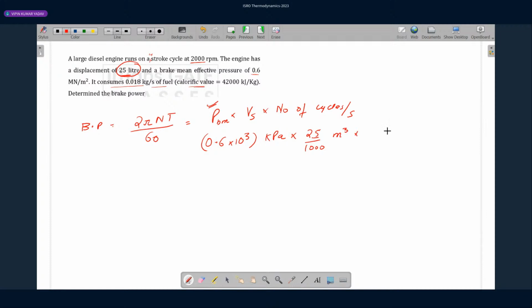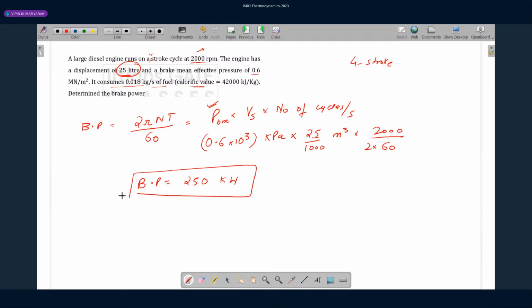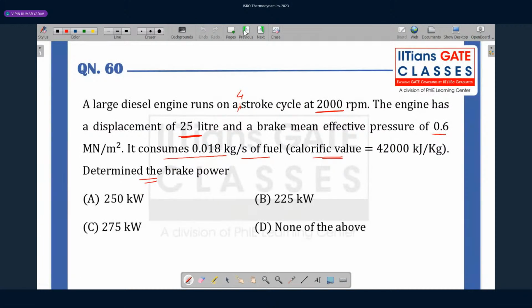Into number of cycles: RPM is given in minutes, so I convert to seconds by dividing by 60. Because it is a 4-stroke engine, I have to multiply by 2 as well. Once you solve this, you get brake power equal to 250 kilowatt. The right answer is A. Got it?